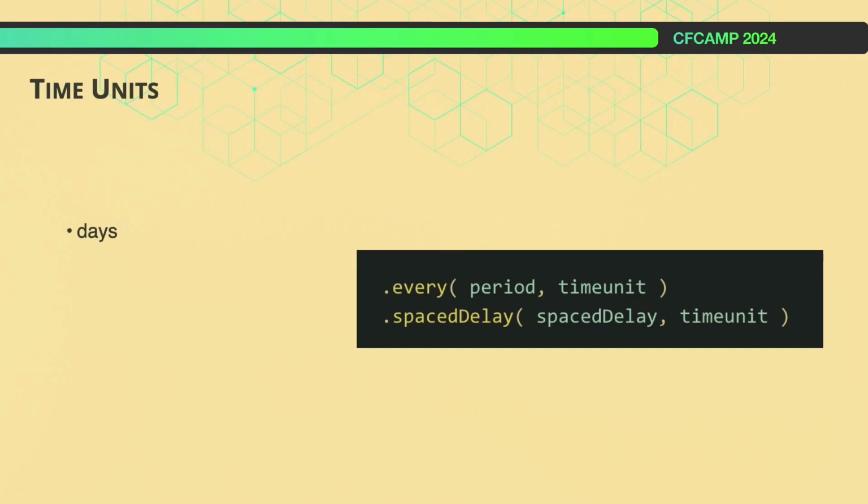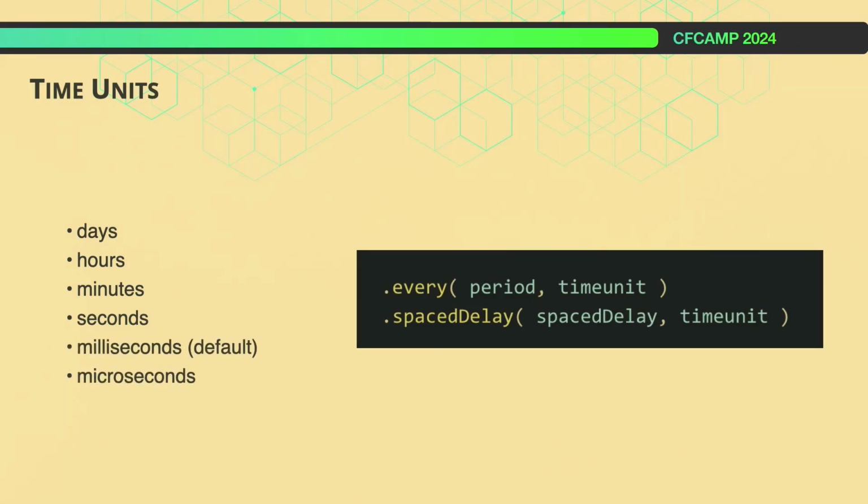You can use different time units, like I mentioned: days, hours, minutes, seconds, milliseconds, if you want it to be adventurous, microseconds. I'm sure somebody will find an excuse to use a microsecond. Nanoseconds.